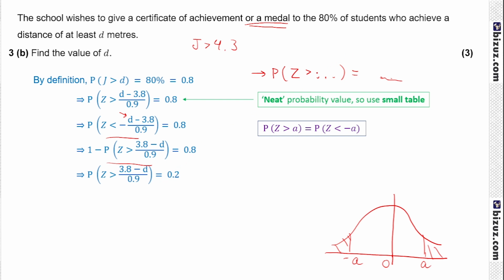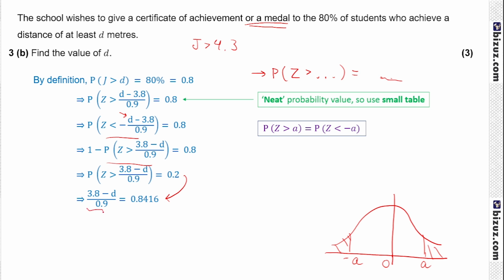Now we have achieved this format that we wanted. Our probability value, its neat value, is less than 0.5, and we have Z greater than. So now we can actually use our small table. So using our small table, the corresponding Z value to 0.2 is 0.8416.